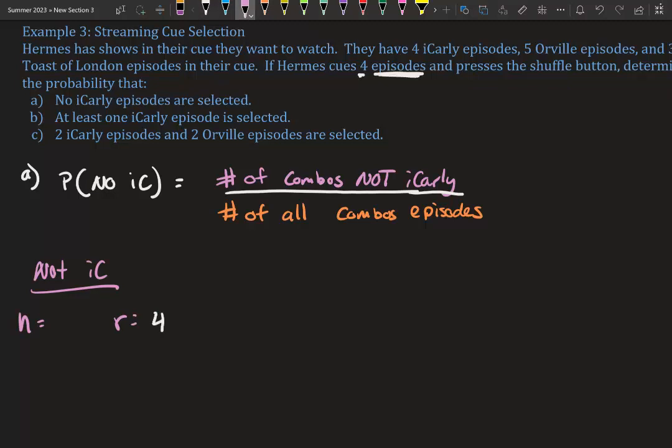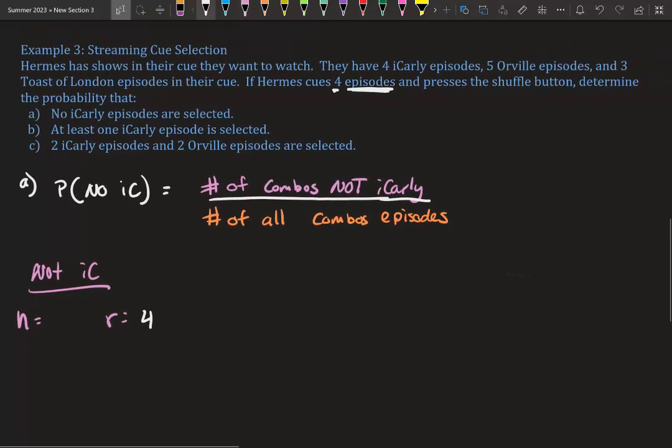And then we actually have, so let's look at the rest of the episodes that we don't have to pick from because we just want to look at the ones that are not this. So we have 5 and 3 that are not that. So 5 plus 3, we have 8 episodes that we can pick from. We're picking 4 out of the 8 that are not this.